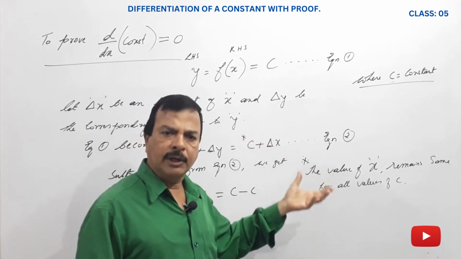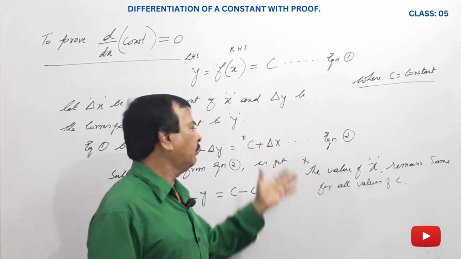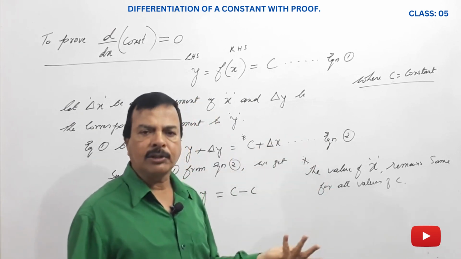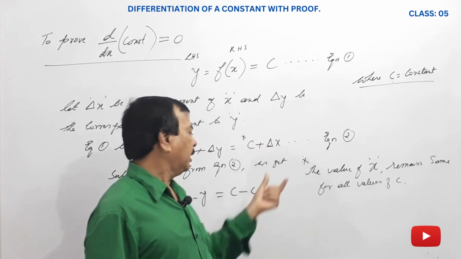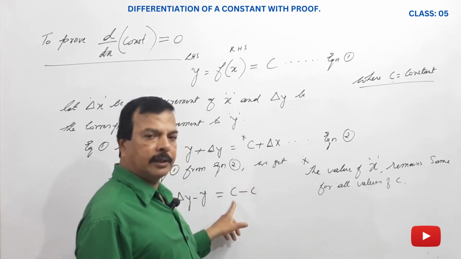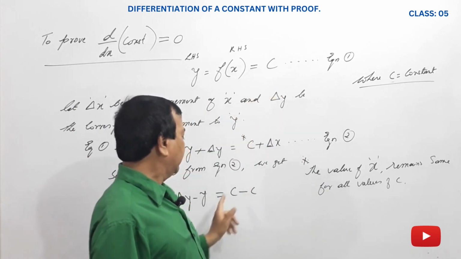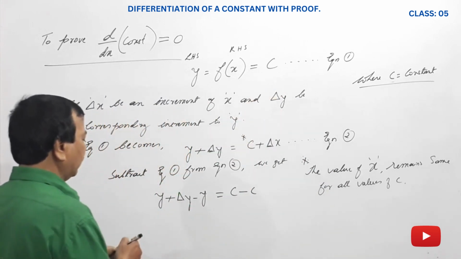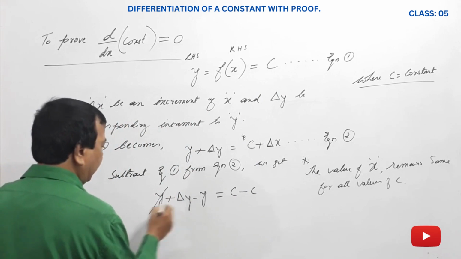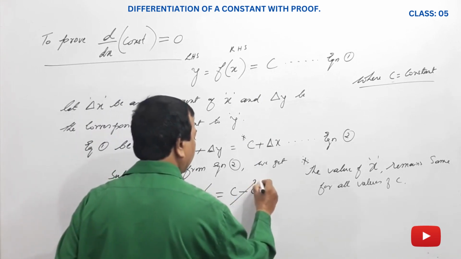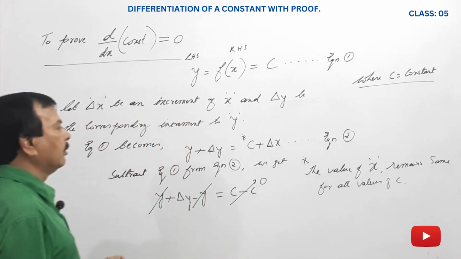So c is a constant, 10 is a constant. If you add delta x as 0.1, it becomes 10.1, which is still treated as a constant c. Minus on the right hand side we have c. Y minus y cancels, and this becomes 0.